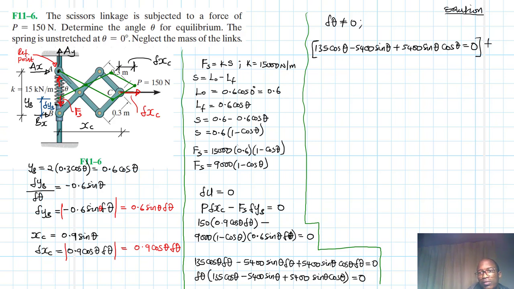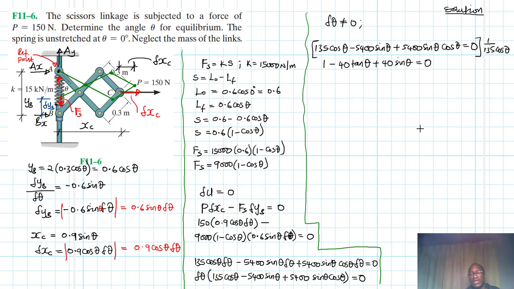Let me divide by 135 cos theta. Then I'll have a 1 minus 5,400 divided by 135, which is 40 tan theta, then plus another 40 sine theta, equal to 0.